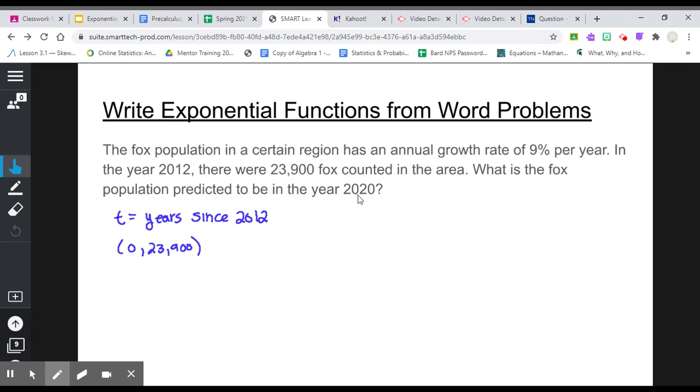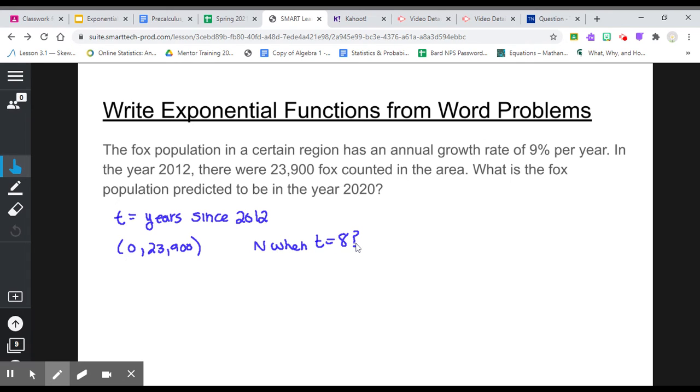And we're looking for the population when 2020 is 8 years after 2012. So what is n when t is equal to 8?